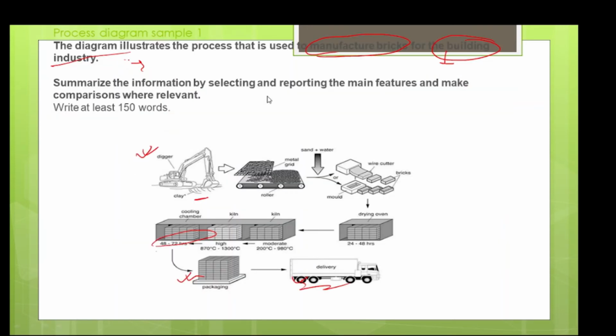So for the introduction of a report, we paraphrase the question, or tell what this process is about. In the overview, first we write the number of steps, and secondly we write what the first step and the last step are.